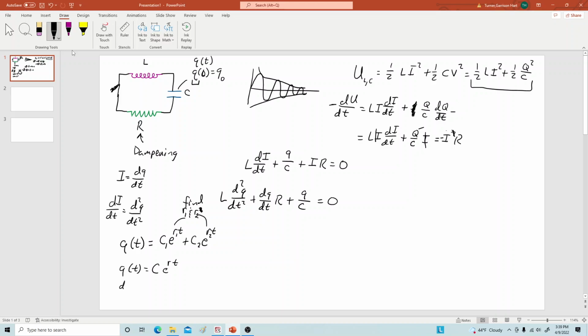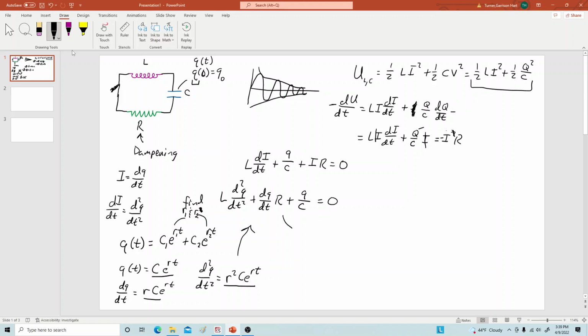The first derivative of Q would be r times C e to the rt, and the second derivative would be written as r squared C e to the rt. So I'm going to insert this, and this into my differential equation.